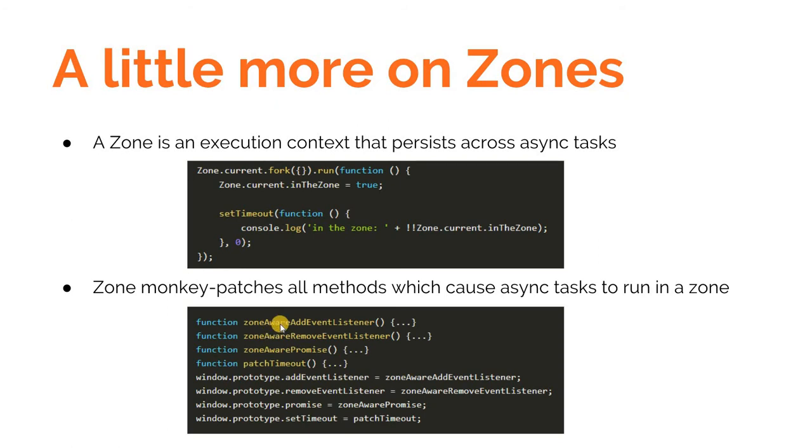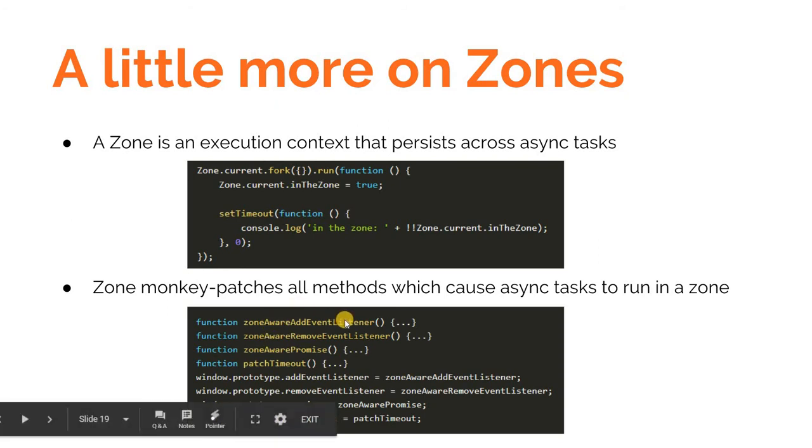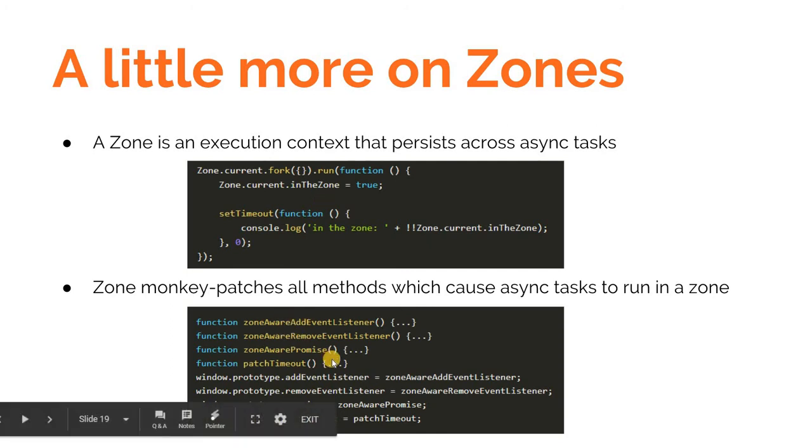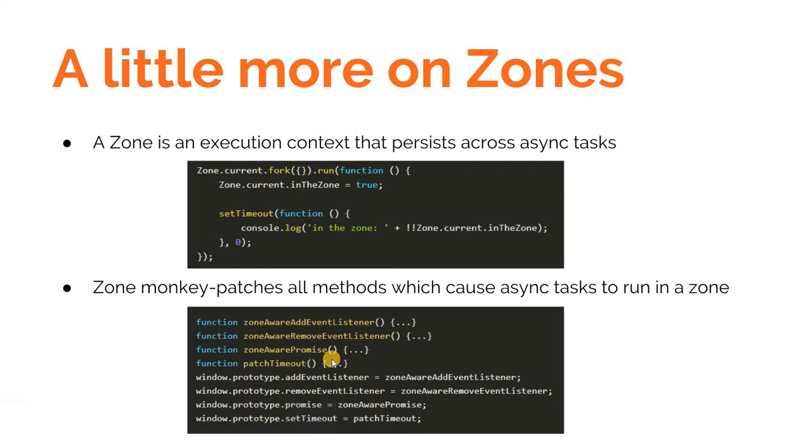Some of the other examples of such zone-aware functions are these, where we are making functions like addEventListener, removeEventListener, a promise, or setTimeout zone aware.